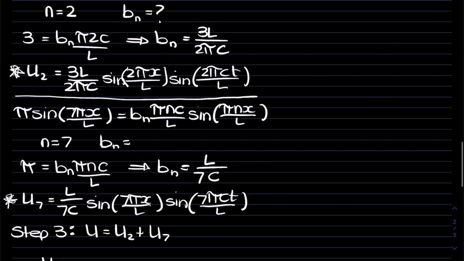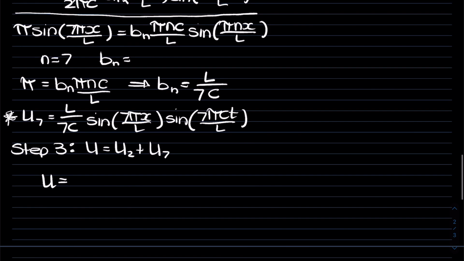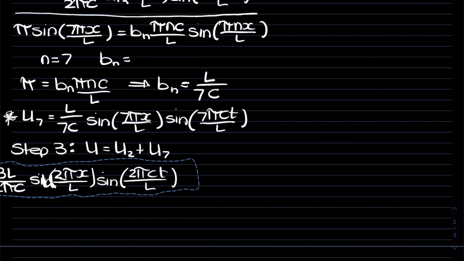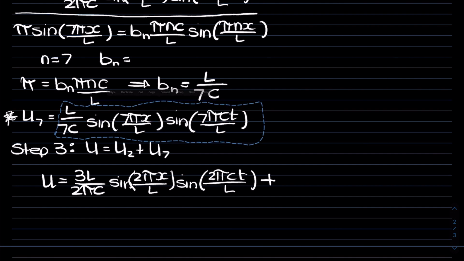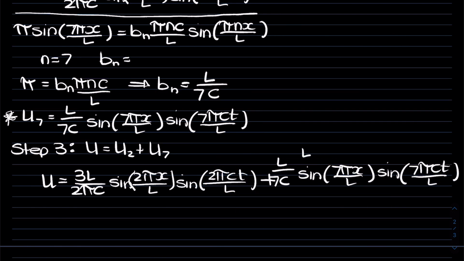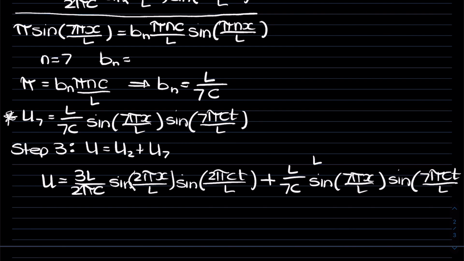U equals, I'll just copy this, u of 2, and paste, plus, and then we'll just paste the u of 7 down here. Yeah, so this is our specific solution here.